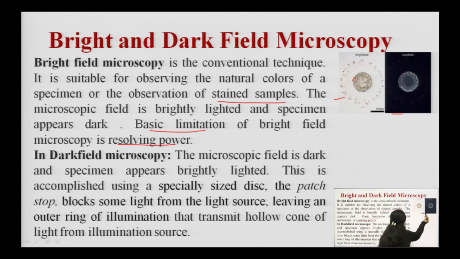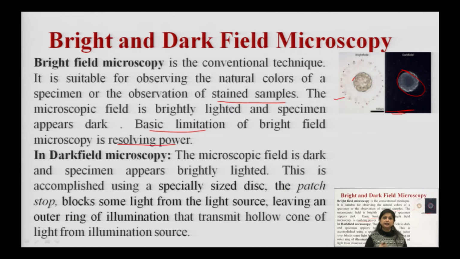As you can see, the whole background is dark, but you will get a brighter image. In bright field we were getting a brighter slide, the whole light was passing through the slide and we were not able to see the transparent cells.